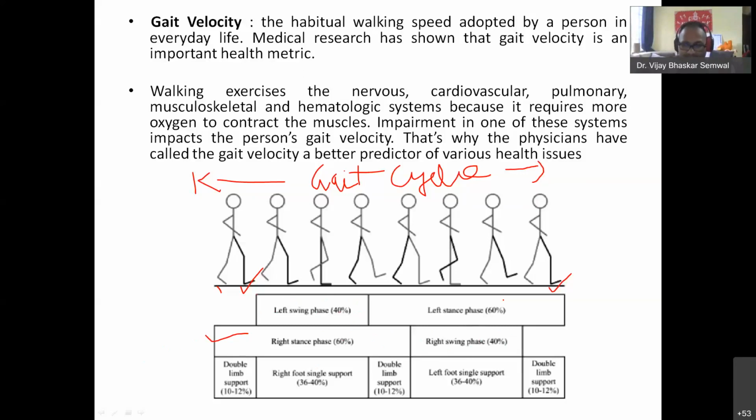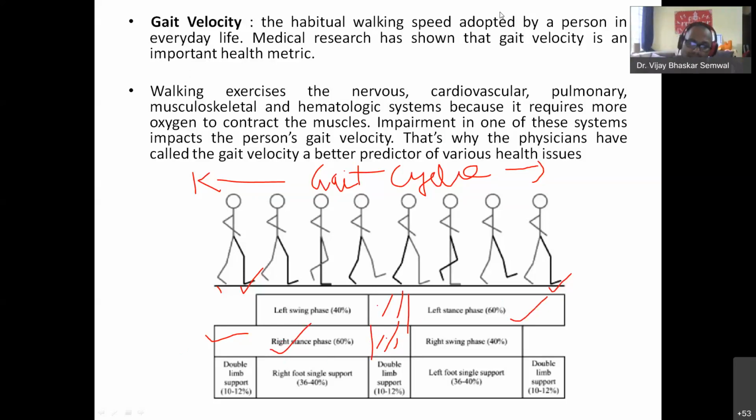I have designed a cellular automata model, a rule-based system, which I will also discuss later; at that time I will consider these parameters. In between, you will be in the double support phase, where both feet are in stance phase. If I define the gait cycle, this is right stance phase, left plus right stance phase, and then left stance. It is clear.